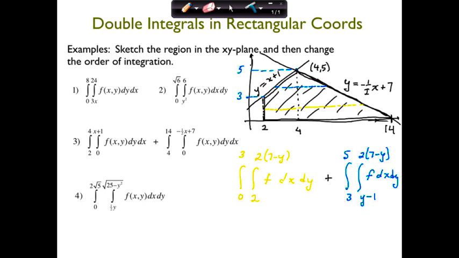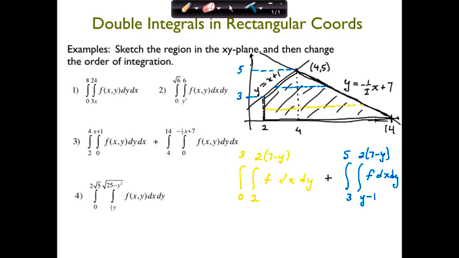So the left side is x equals 2, then x equals y minus 1. But the right side is always this function here. So the first double integral goes from 0 to 3. x goes from 2 to this line when y is between 0 and 3.